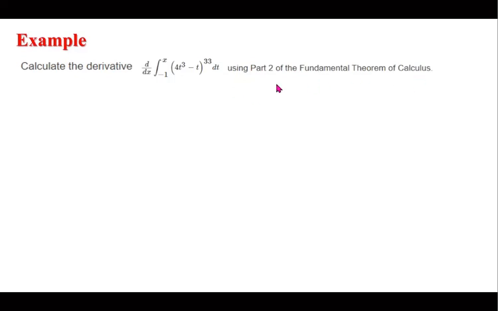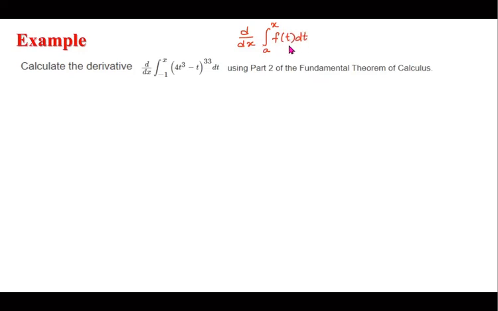Part 2 helps you find the derivative with respect to x of the integral function from a up to x. Note, we are finding the derivative with respect to x, and we are going from a up to x, where the function will be f of t dt.